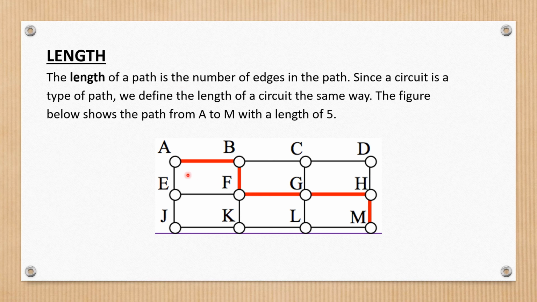For example, in this one, the path here is path A, B, F, G, H, M. And this particular path has a length of 5, because we used 5 edges for this particular path. So we have 1, 2, 3, 4, 5 edges.